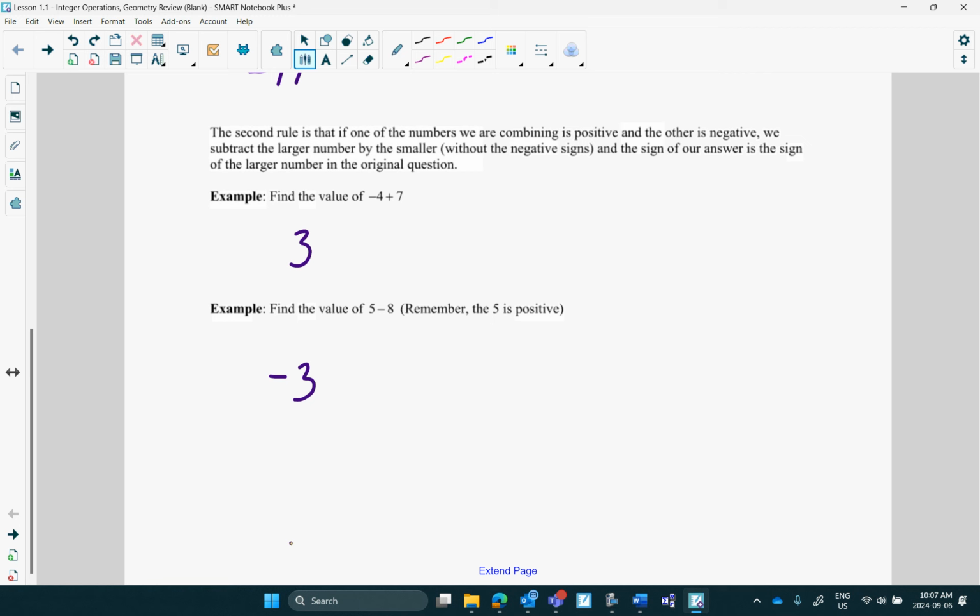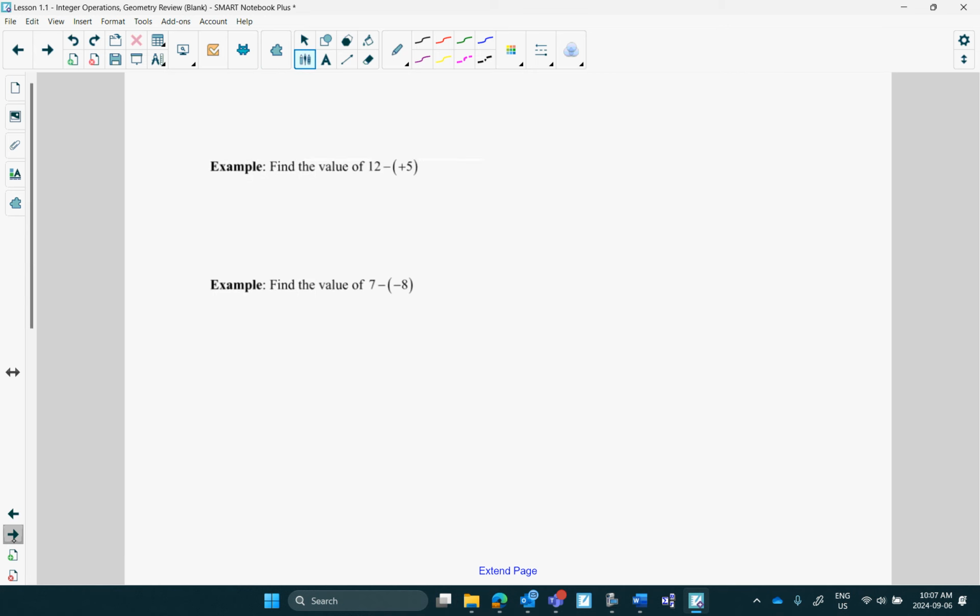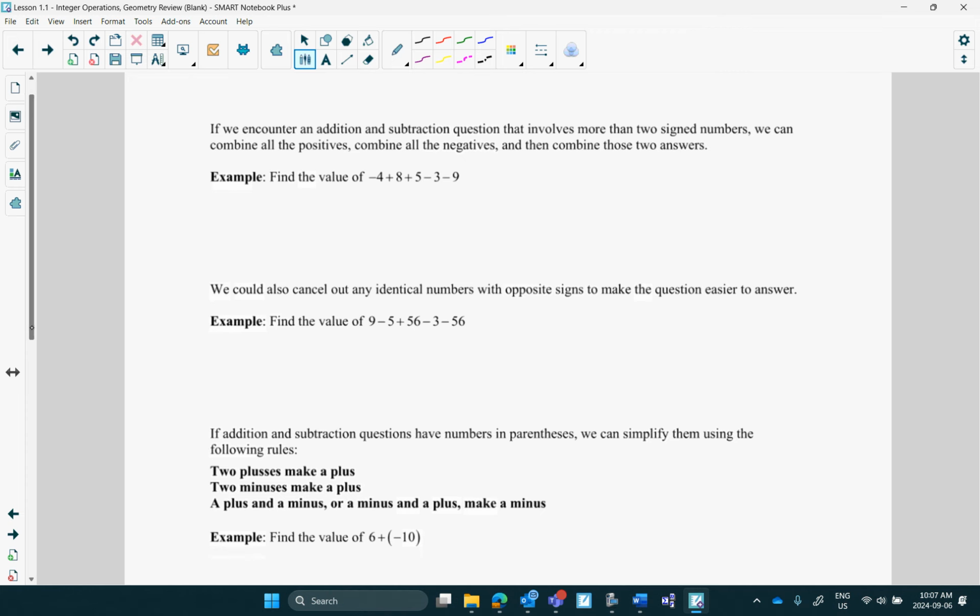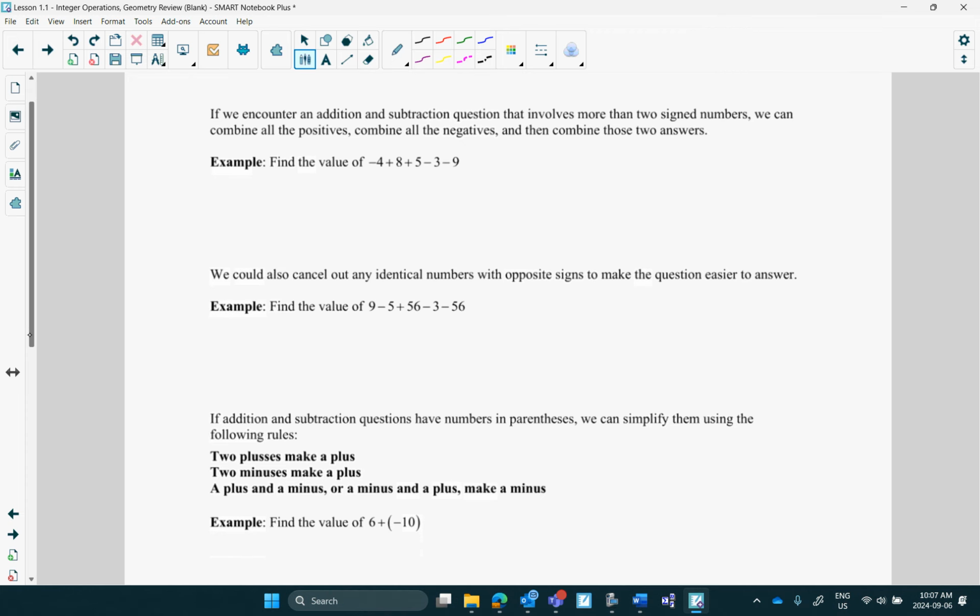What about if we have more than 2 numbers? Well, a couple ways you could look at this. You could just start from the left and go to the right. So if we start at -4, we go up 8 to get +4.